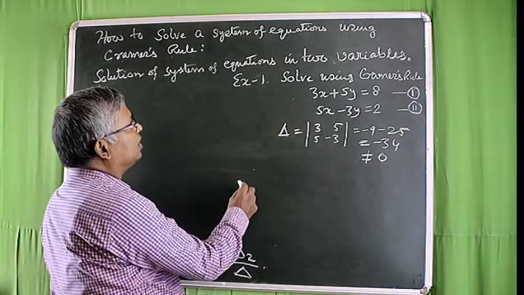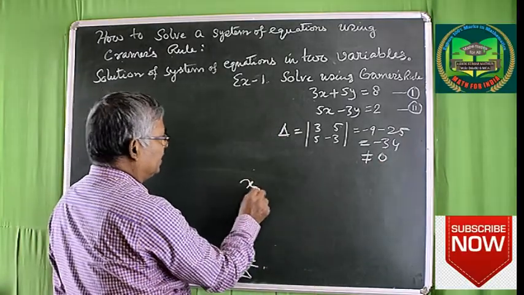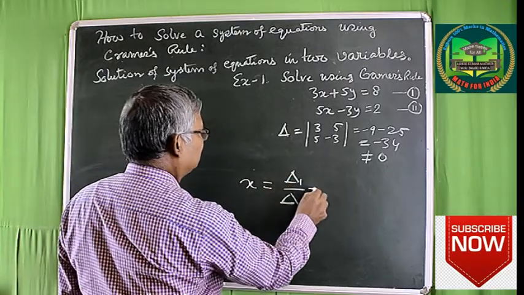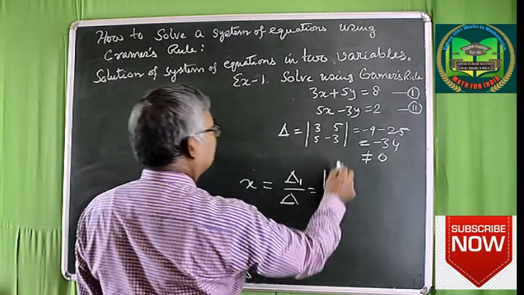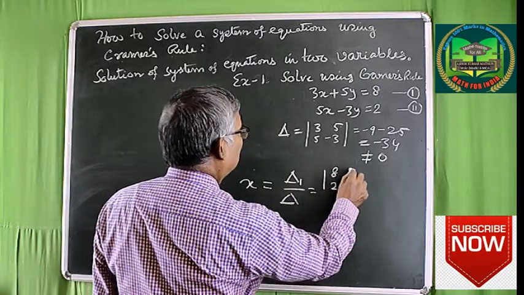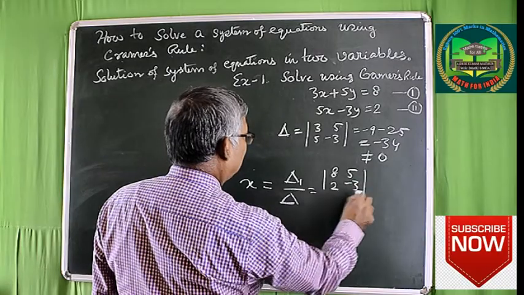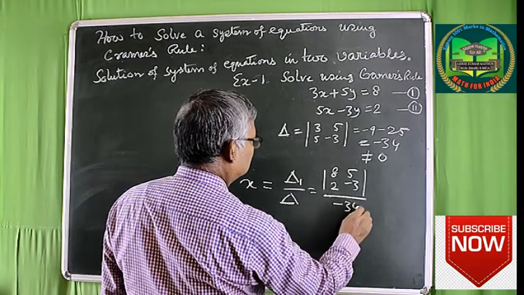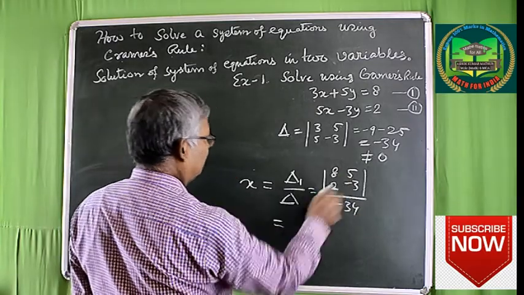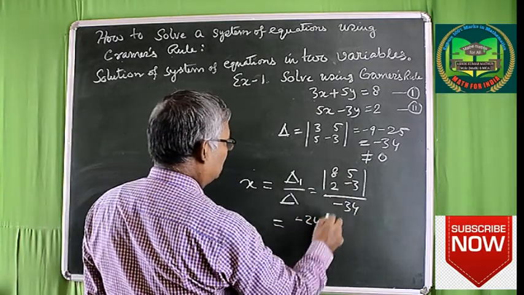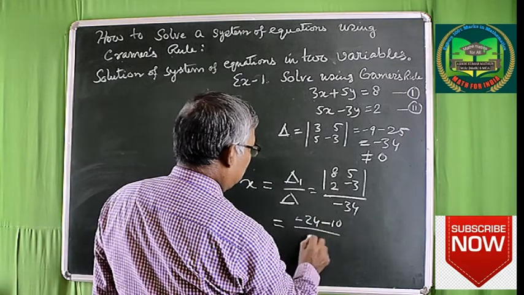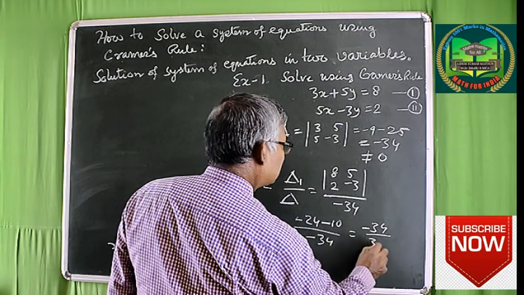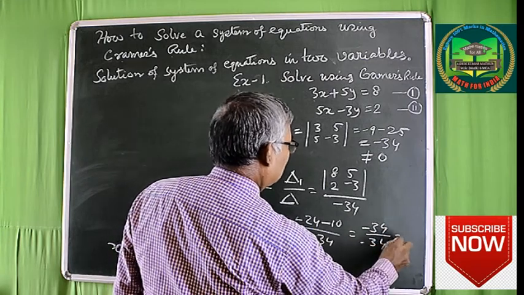So using Cramer's rule, we can get x equal to del 1 by del, that is the determinant 8, 2, 5, minus 3 by minus 34 equal to minus 24 minus 10 by minus 34 equal to minus 34 by minus 34 equal to 1.